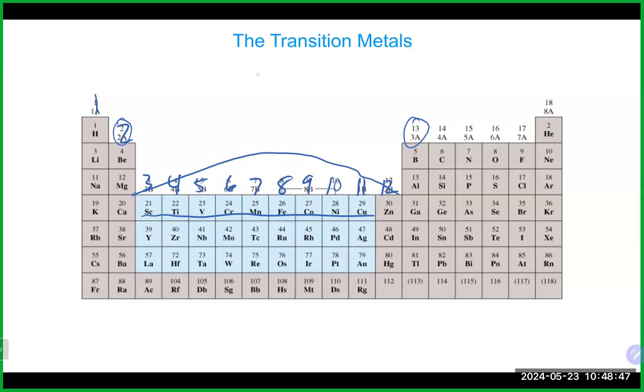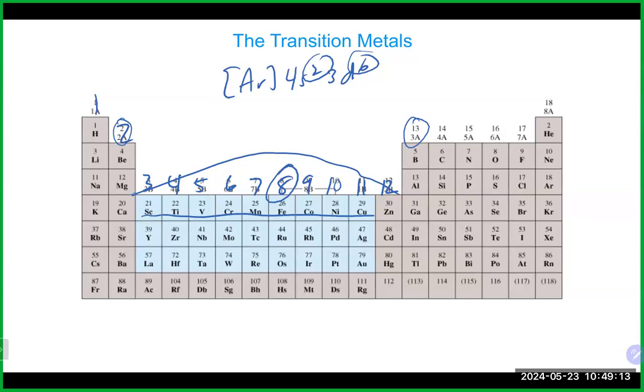So if we looked at something like iron that we just looked at, which was argon 4s2 3d6, that is the 8 valence electrons, as it is number 8 right there that it has available to use. It may not use them all, obviously, but that is what we look at in terms of valence electrons for our transition metals.